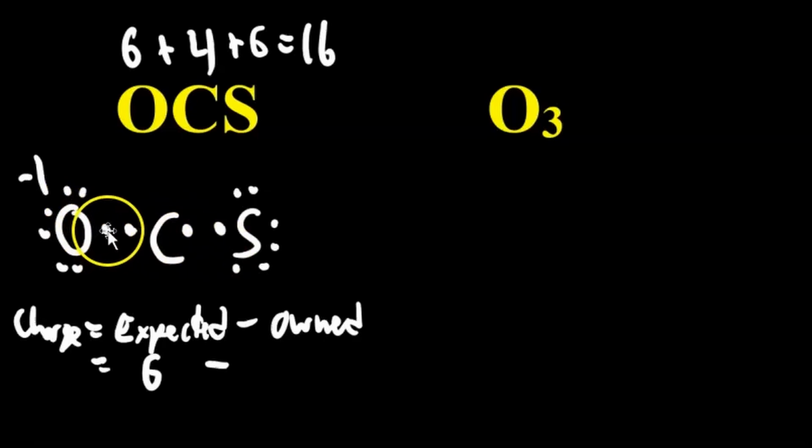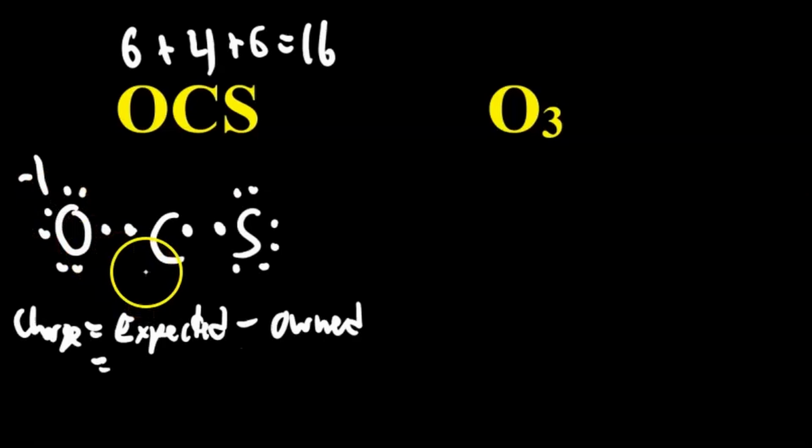So this electron is owned by this oxygen. This electron is owned by this carbon. Again, this is fanciful, this isn't in reality of what it is, but it's just a way of accounting, of keeping track of electrons, really, for this theory. So expected minus owned, 6 minus 7, so this is -1 as the charge.